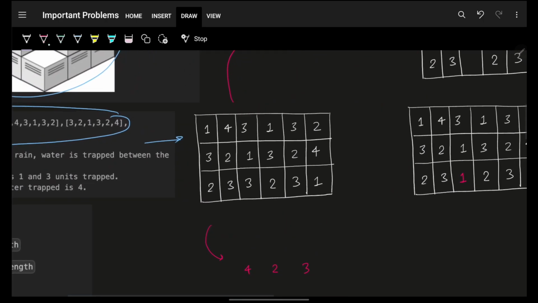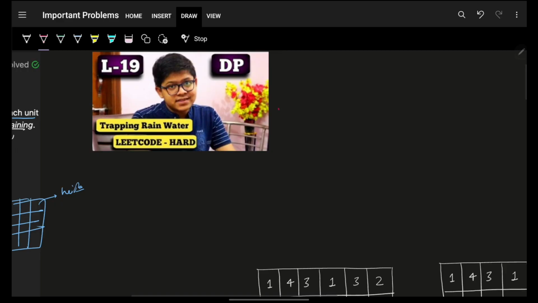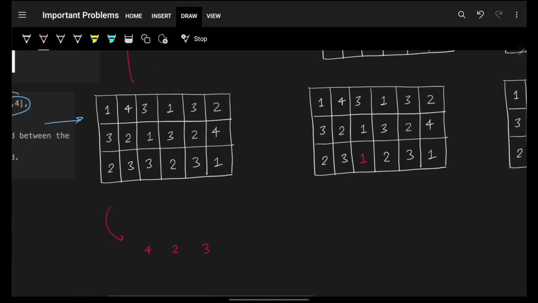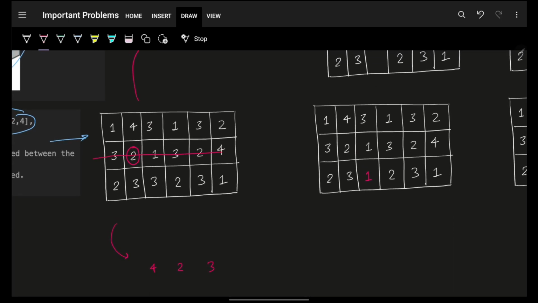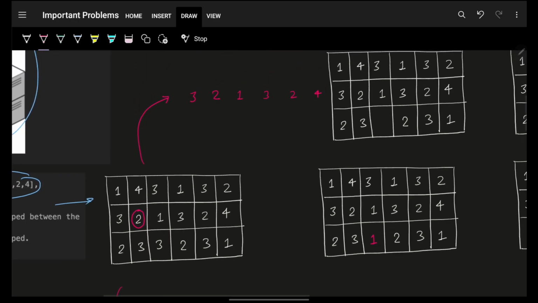Now obviously, as we have already solved Trapping Rainwater 1, it will be very intuitive to us that for a specific cell I will apply trapping rainwater in its row and in its column, and see how much water I can trap in, let's say, column C and in row R. I will take the minimum of the two, and you will be surprised to know that it actually works.